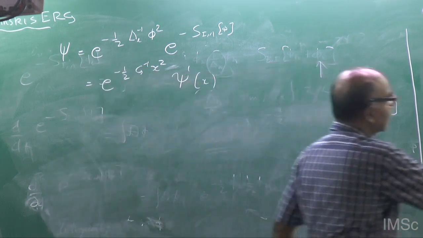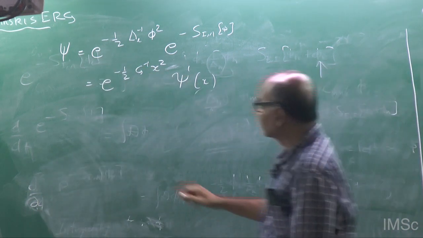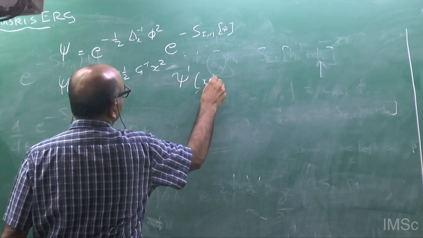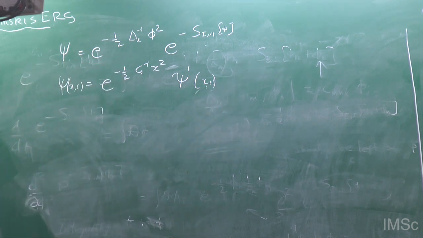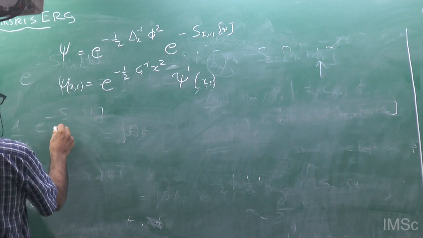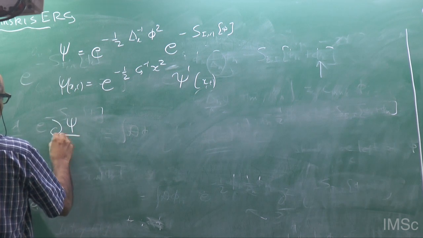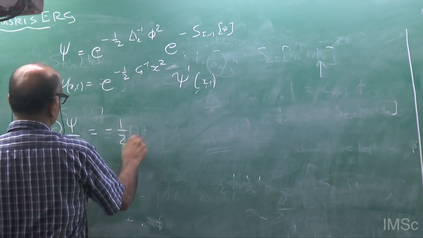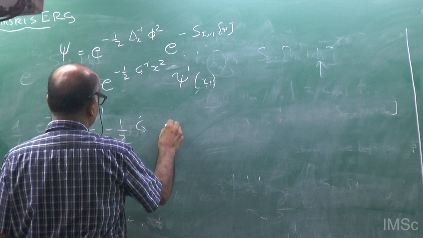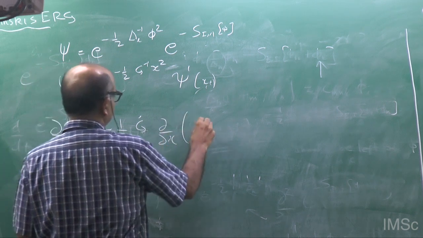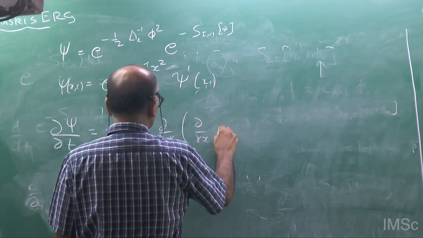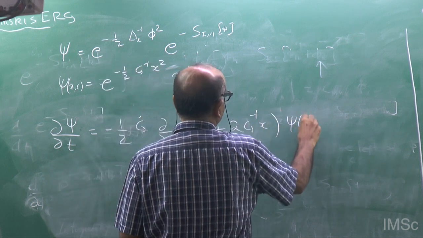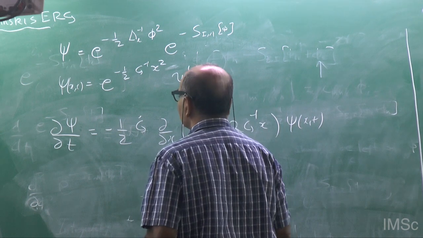So this is what I call psi prime. So this is psi of x, actually it's x and t. And the full equation now reads as follows, where psi is now the full thing. So that is the full.